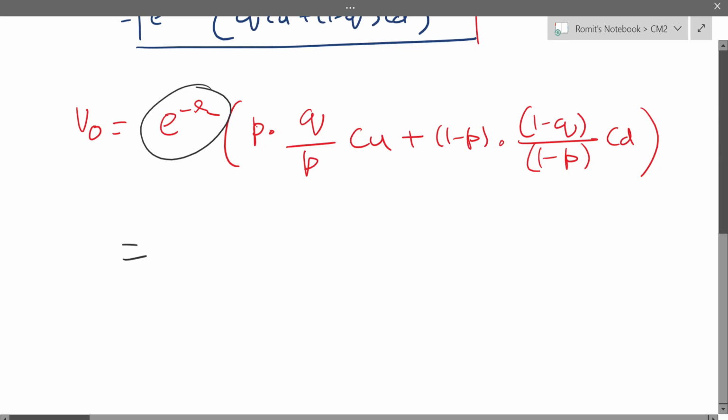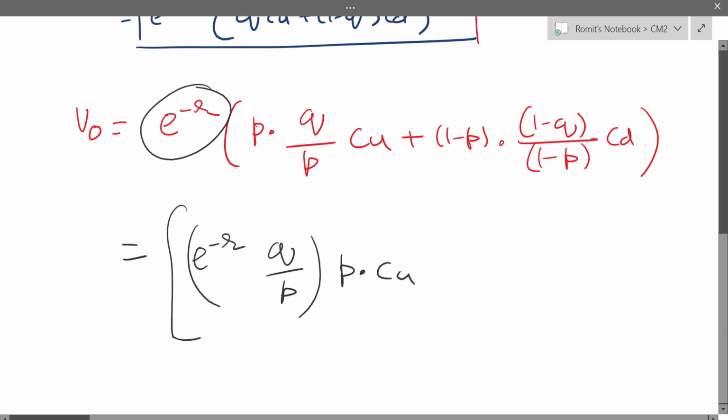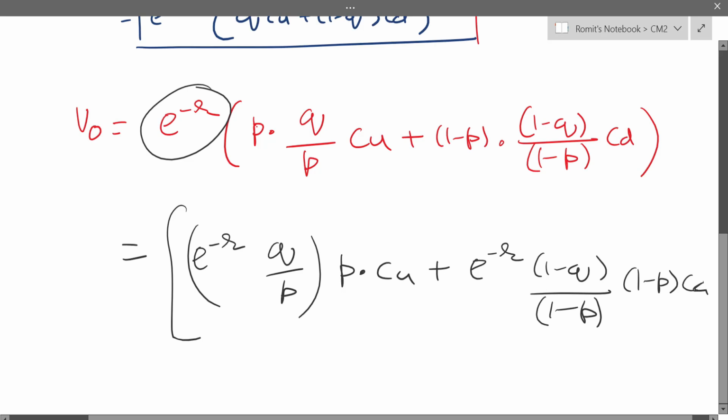Let me put e to the power of minus r inside, so it will be e to the power of minus r times Q by P. This is one term, multiplied with P Cu, plus e to the power of minus r times 1 minus Q by 1 minus P, and then 1 minus P Cd.